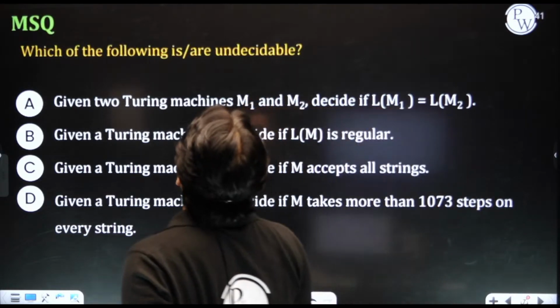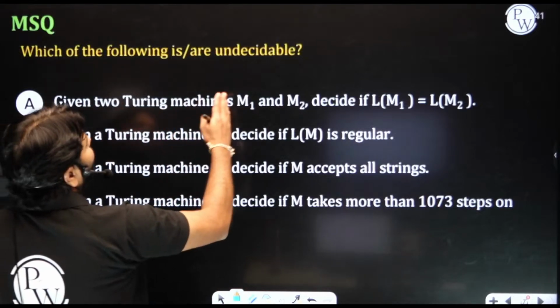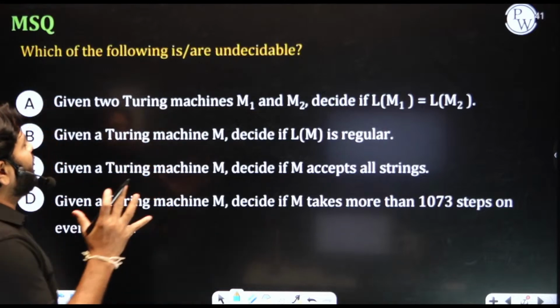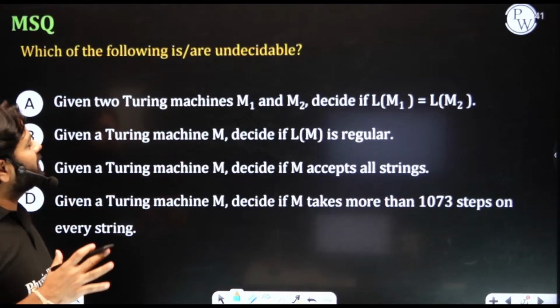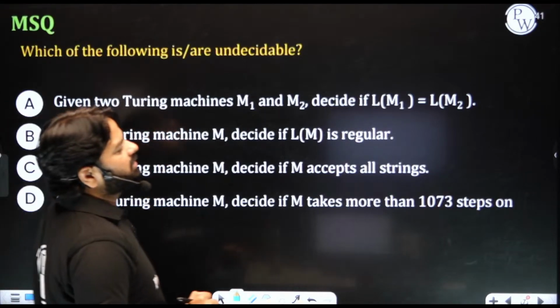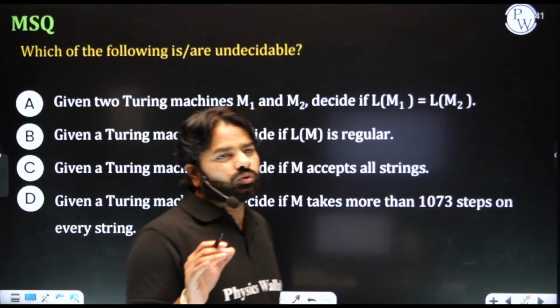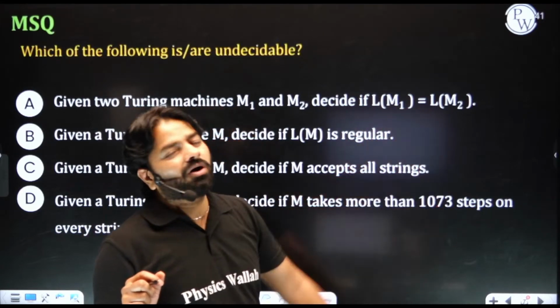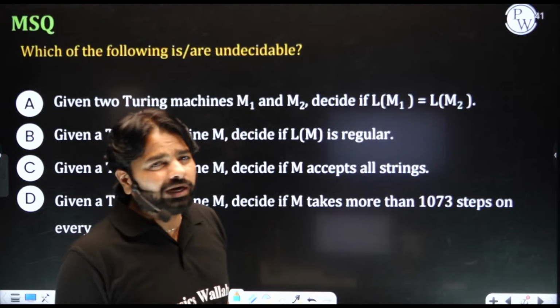Which of the following is or are undecidable? So now you need to understand the undecidable problems here. Given two Turing machines, can you decide whether the languages accepted by them are equal? That's the equivalence problem.